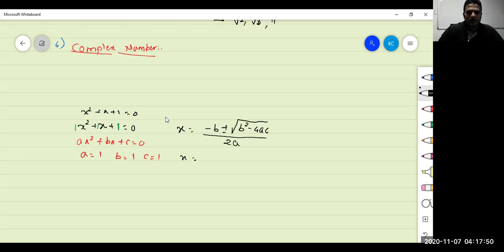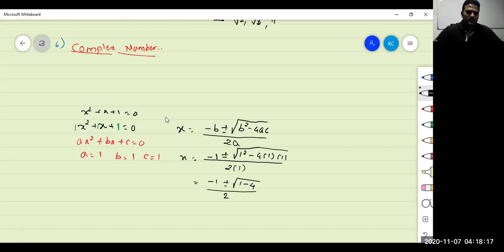So x equal to minus 1 plus or minus root of 1 square minus 4 into 1 into 1, divided by 2 into 1. This is the solution of the quadratic equation where we are using the formula. Minus 1 plus or minus root of 1 minus 4 divided by 2.